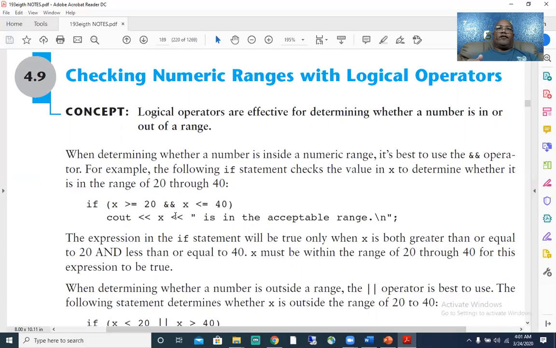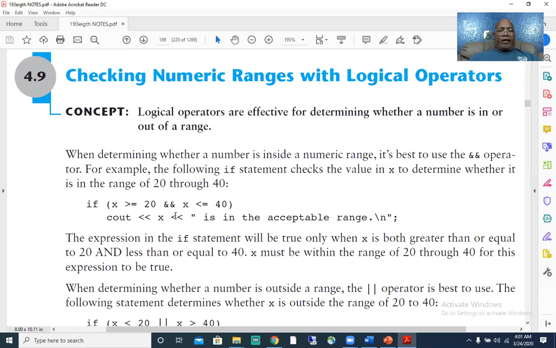Then you can ask if the average is greater than or equal to 25 and less than 50, you're in that group. So see how you can take a range, write your expression, and now you can actually write the code based upon a range.